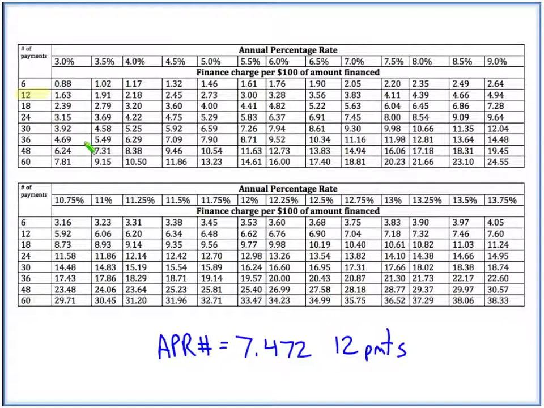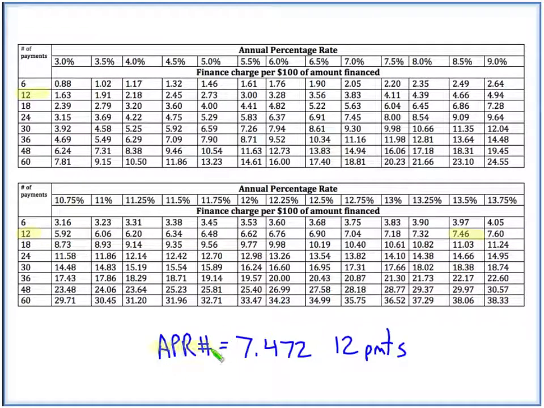We're going to try to find the number that's closest to 7.472. So looking along here, not quite there yet. So let's come down to this one, and getting closer. So closest to 7.472 looks like it's going to be really close to 7.46.